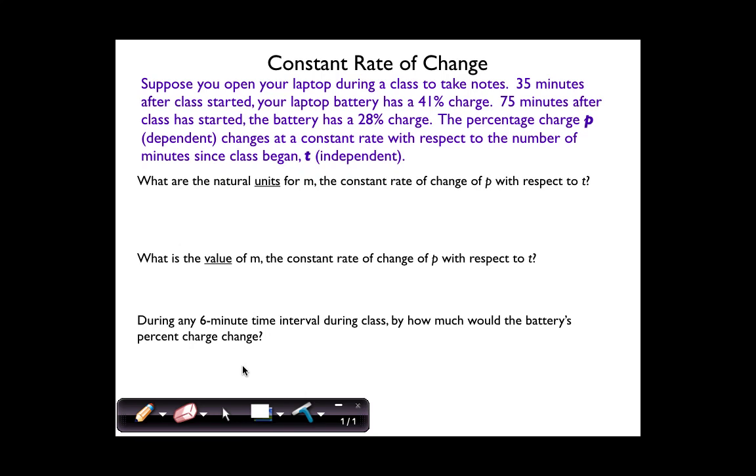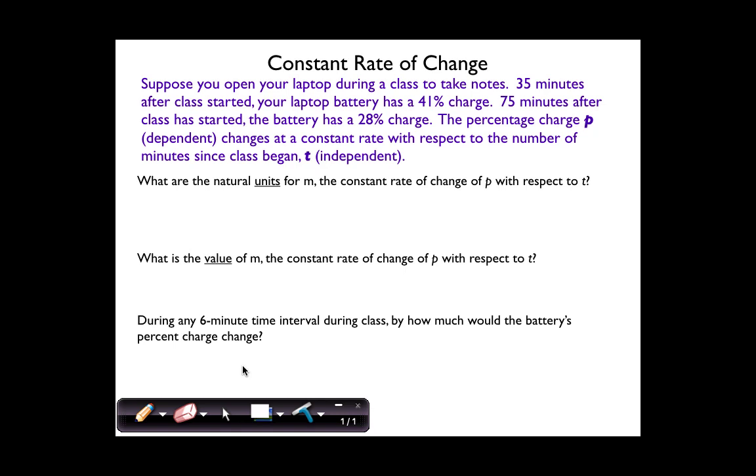All right, so units on our constant rate of change. Just think about this without changing to units other than what are in here. If I have a rate of change of P with respect to T, just using the units from the problem, what units would that be? Percent per minute, yeah.